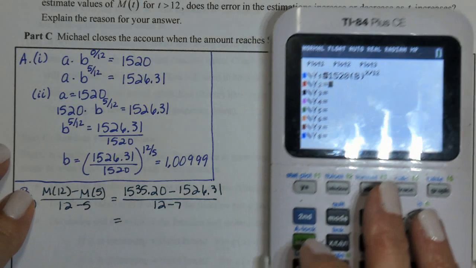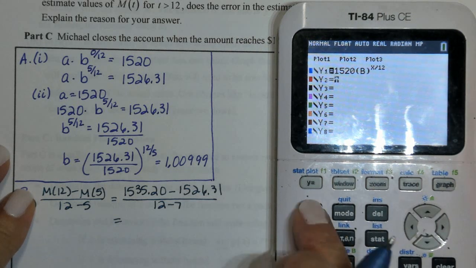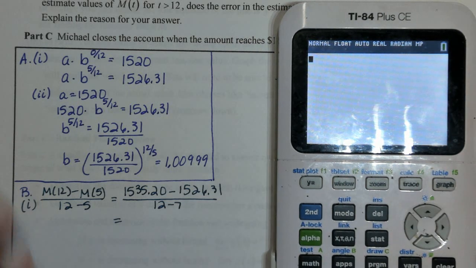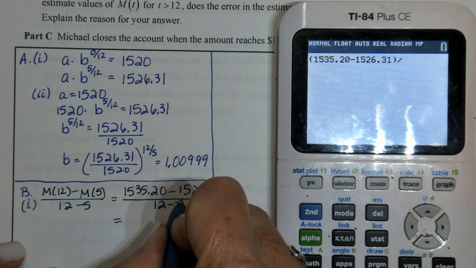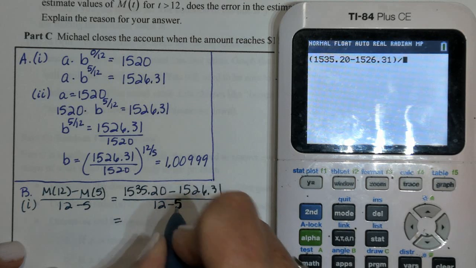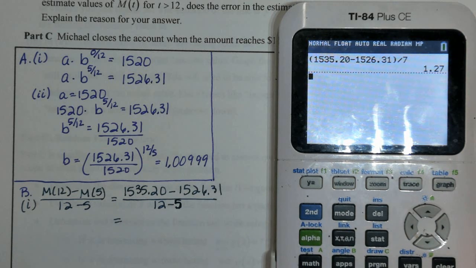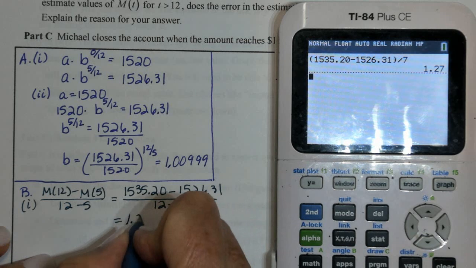To our calculator we go. I'm going to put parentheses around my numerator, but if you prefer, you can use the fraction template. Oops, my mind was thinking 7 there. And we get 1.27.